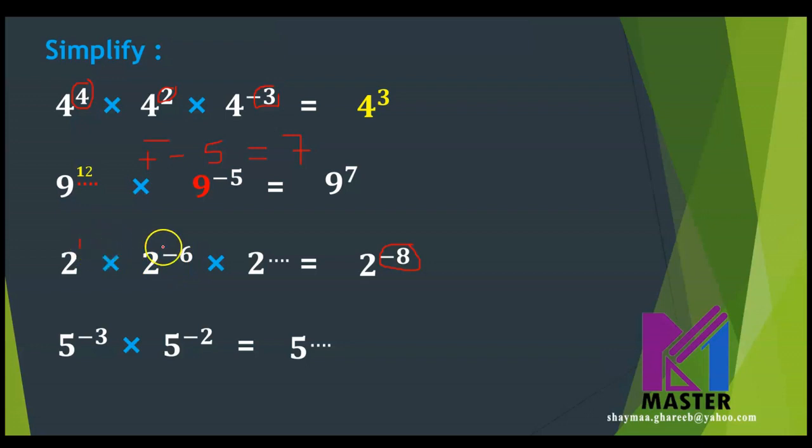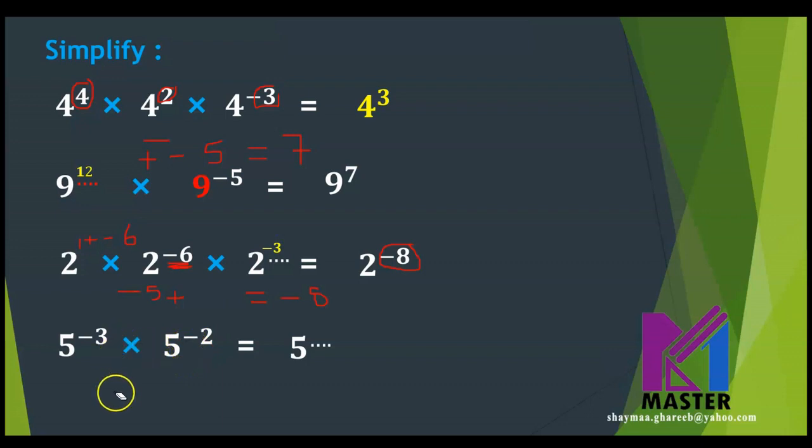I will add both powers together. 1 plus negative 6, same as 1 minus 6, which is negative 5. So negative 5 plus what power gives negative 8? Negative 5 plus negative 3. So the missing power here will be negative 3.